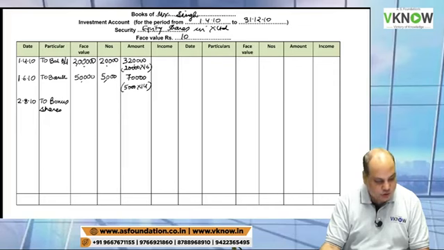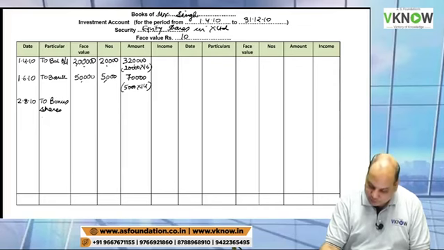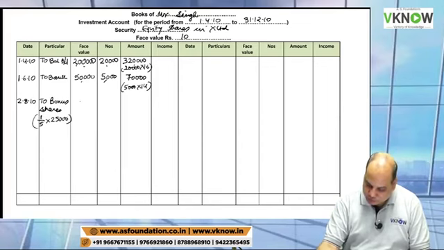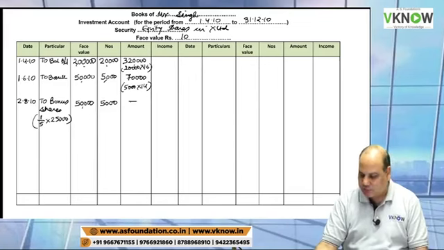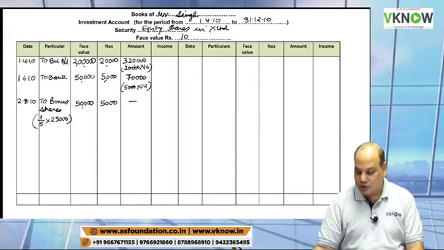Bonus share ratio is 1:5, into 25,000, so 5,000 bonus shares. Cost is nil.